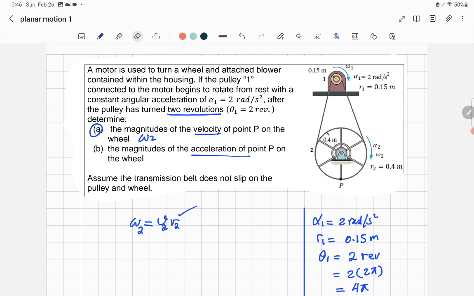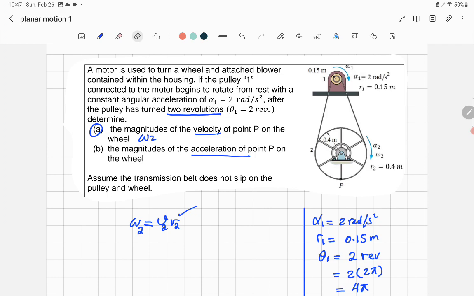What does it mean? It means that since the belt is moving with the same speed, it will transfer the speed of the pulley to the wheel. It means that V1 will be equal to V2. The velocity of this wheel at any point will be equal to the velocity of the pulley at any point.